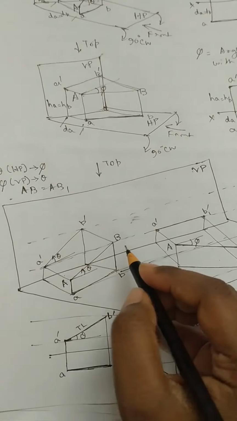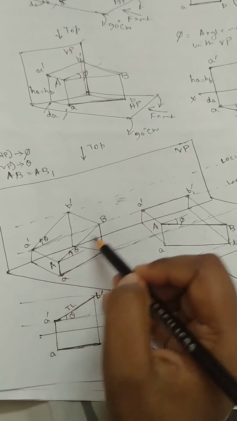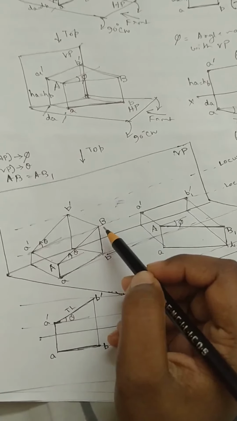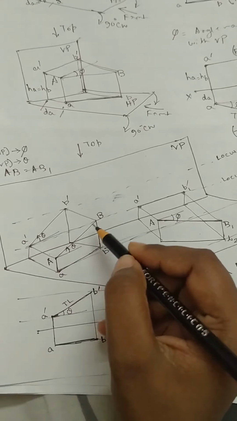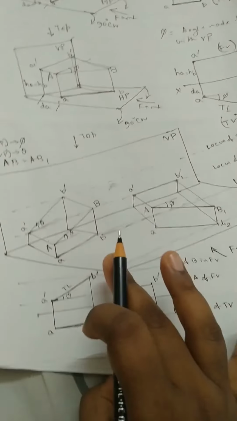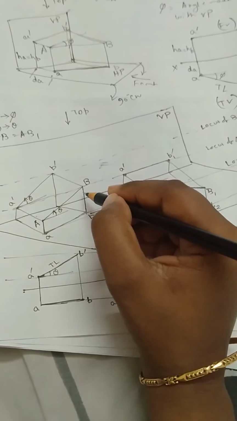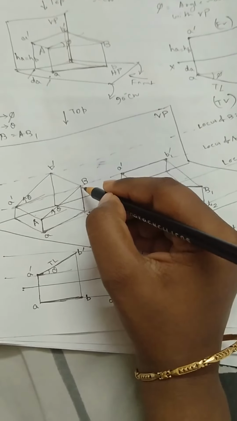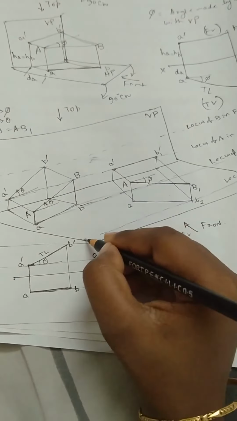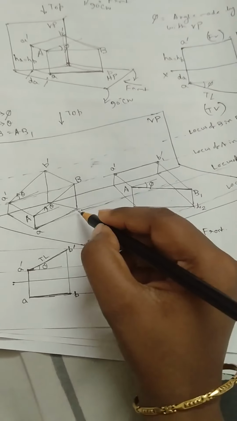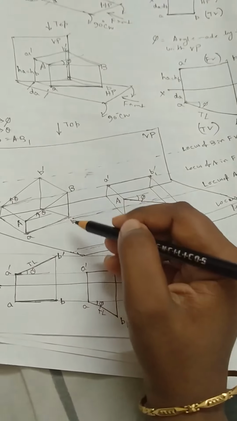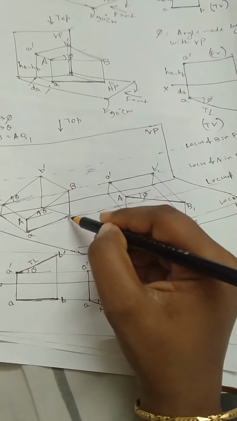Now we are going to look at this trapezoid, A B B. If we rotate this BB about the side AA so that B comes in contact with this line, that means the locus of B in top view. How are you going to do it?